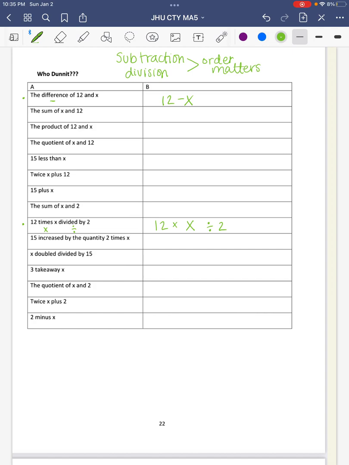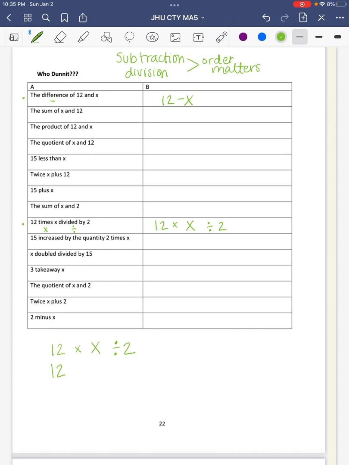Okay. When we are writing a number multiplied by a variable, we actually can just get rid of the multiplication sign, which is pretty cool. Because 12 times x means there are 12 x's. So I can combine them into one quantity. So 12 times x can be written like this.